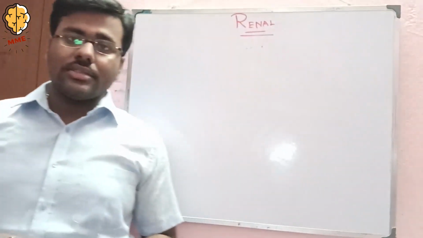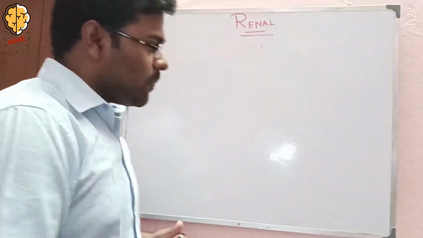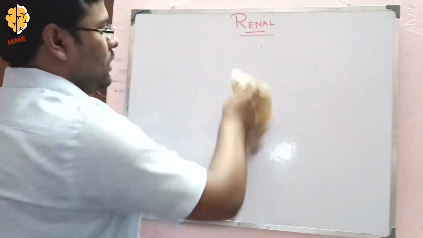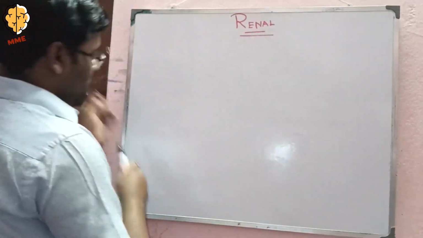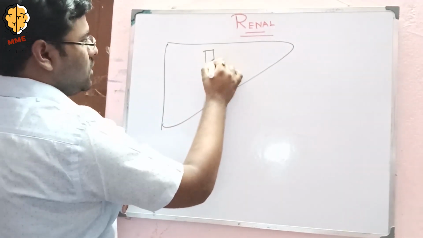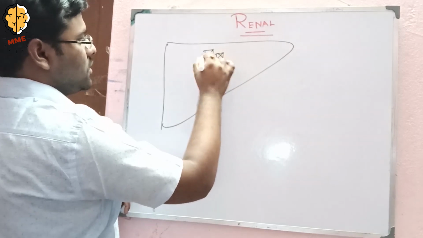I want to discuss another small topic, why spironolactone is used in case of cirrhosis of liver. Okay. So in case of cirrhosis of liver, the liver parenchyma gets damaged.